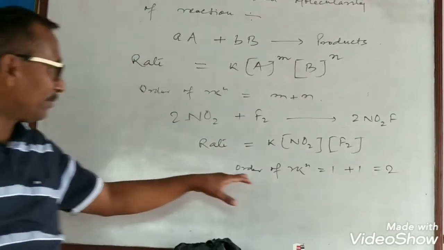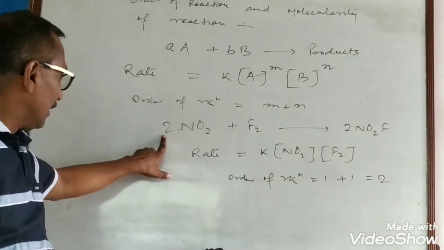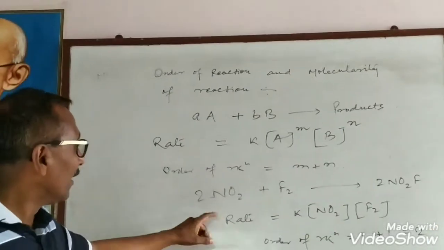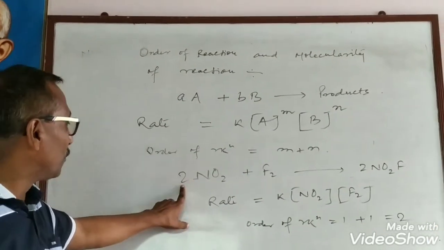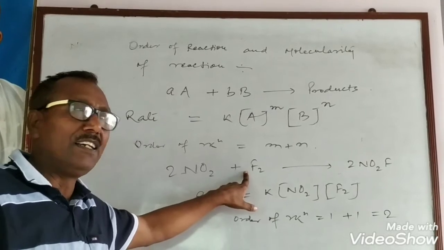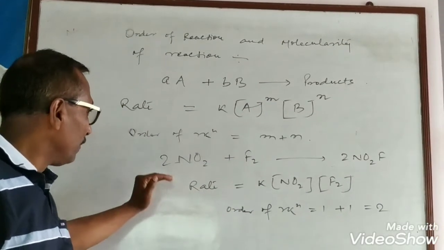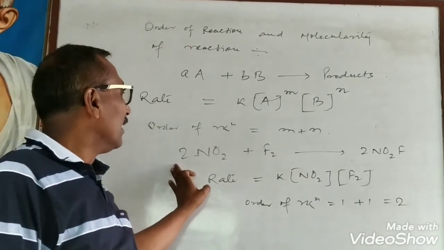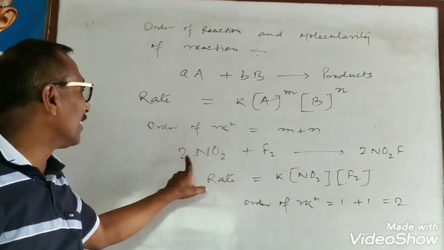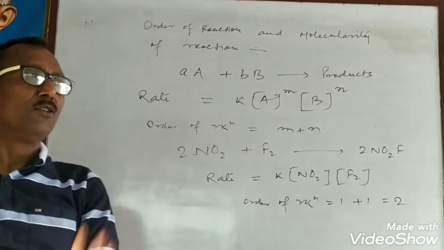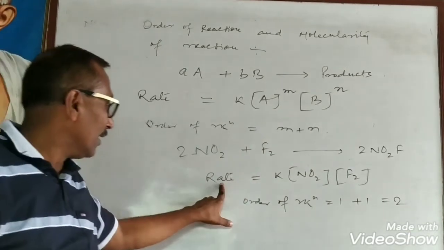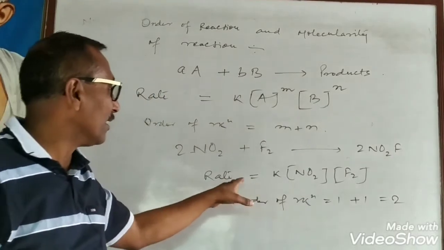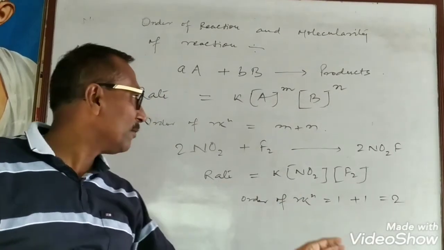But if the reaction is only seen theoretically, then the power will be 2 plus 1 equal to 3. In confusion, a lot of students reply the order of reaction as 3, which is absolutely wrong, because the rate law is given and rate law comes through experiment.